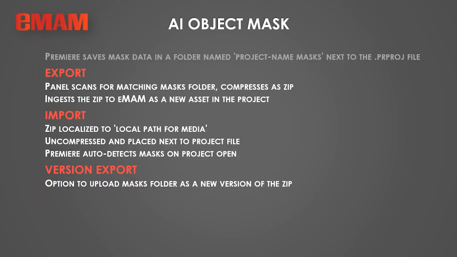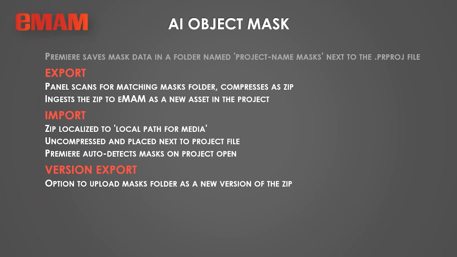Premiere stores AI-generated masks outside the project file in a separate folder next to the project. This created a challenge because editors can share a project while accidentally leaving the mask data behind. The panel now automatically detects the mask folders during export, compresses them, and uploads them into EMAM as a managed asset.